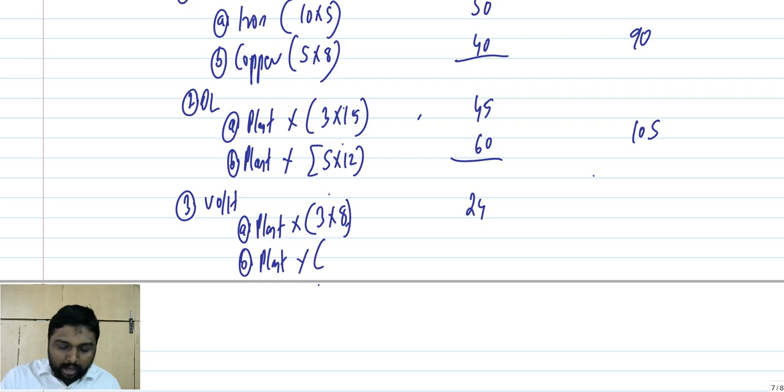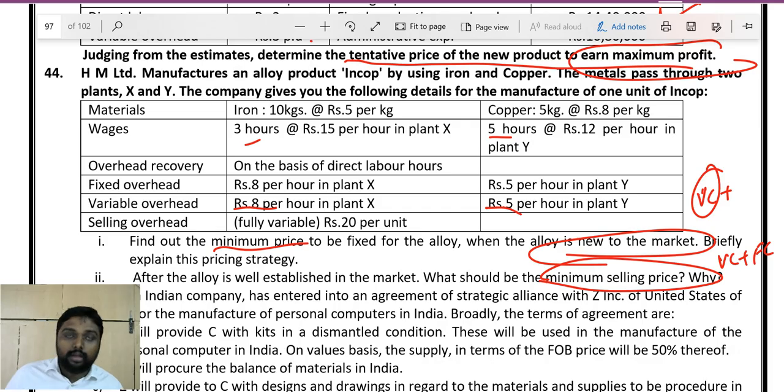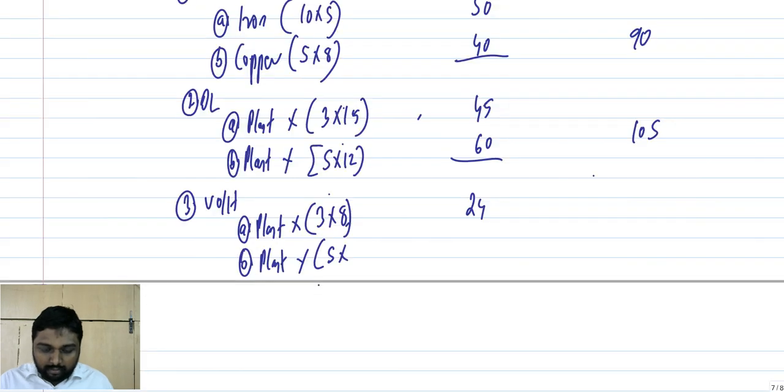Plant Y, 5 hours. The hours are the same hours as the basis of labor. So 3 into 8, 24. 5 into 5, 25, which will come to 49.